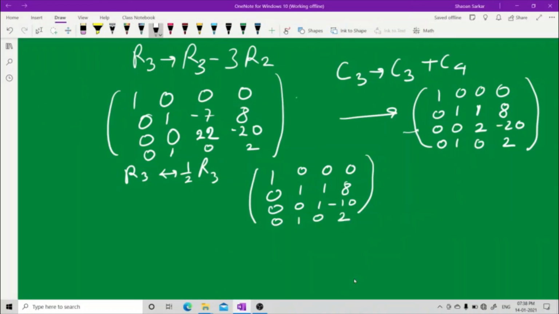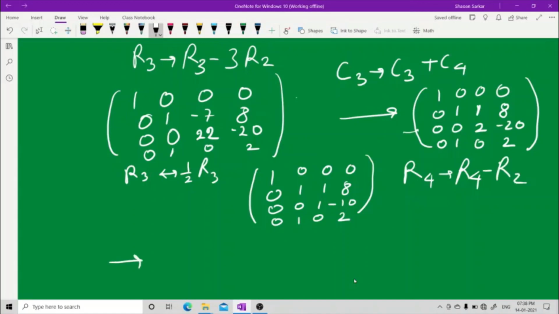Now the best thing is that you subtract this row with this row. R4 is R4 minus R2.